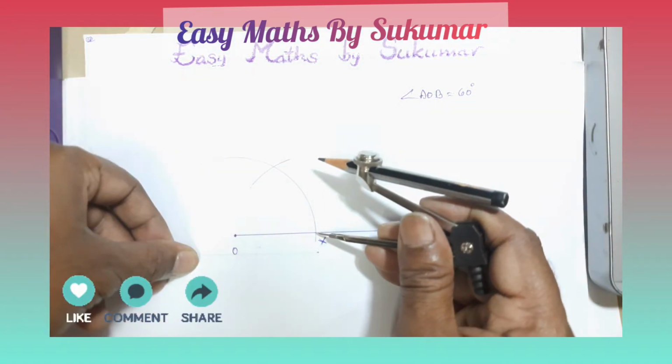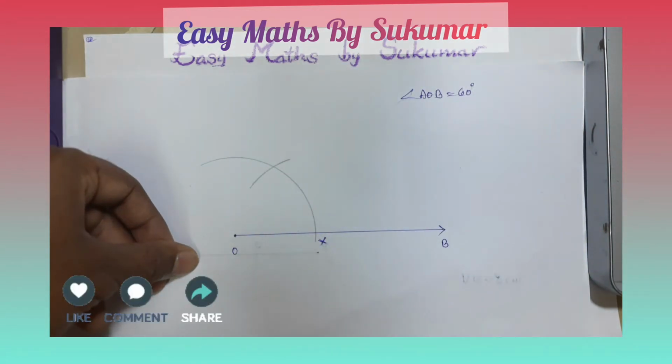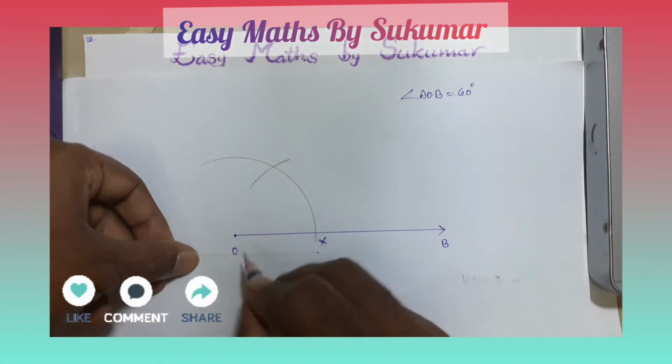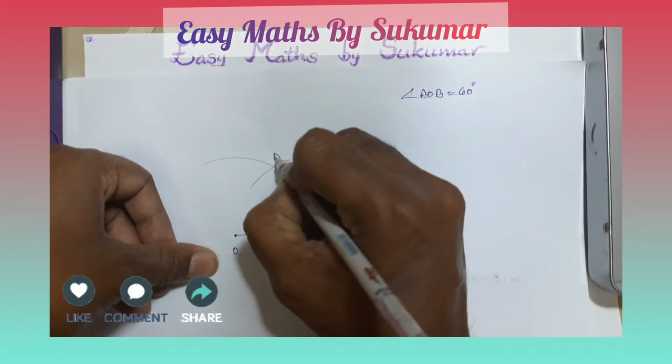So this arc intersects the previous arc at some A.